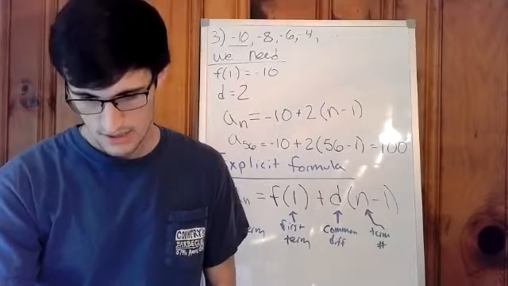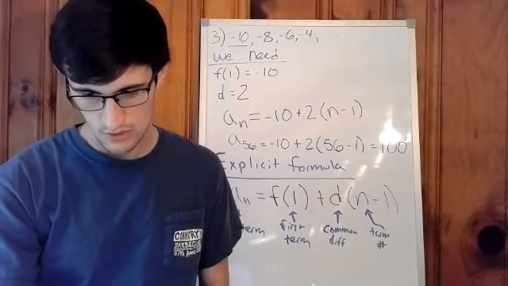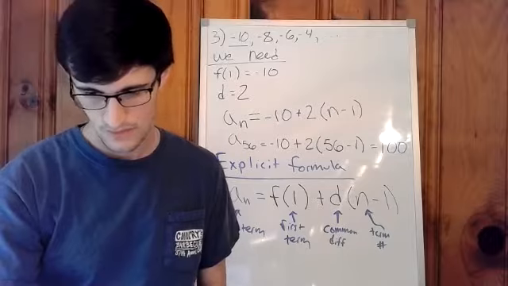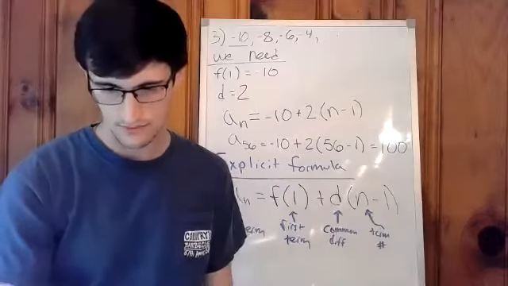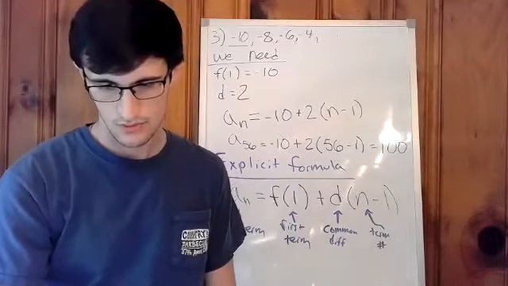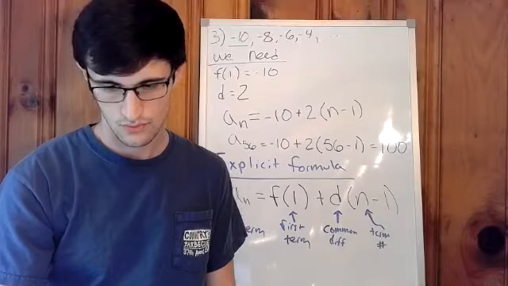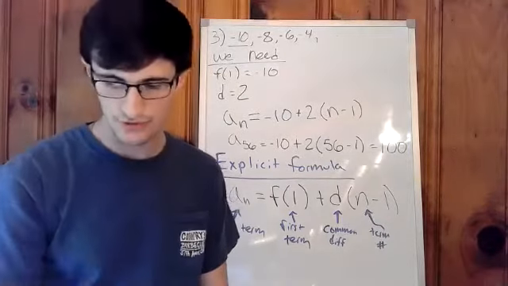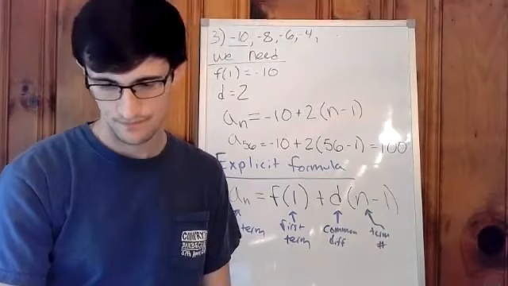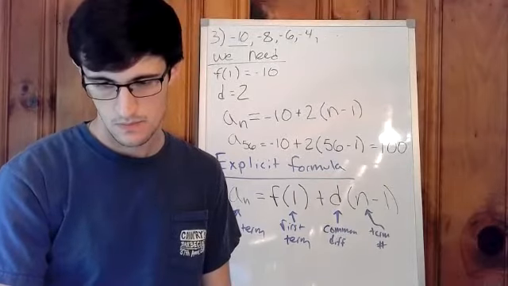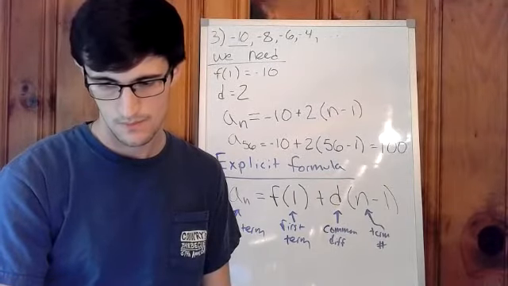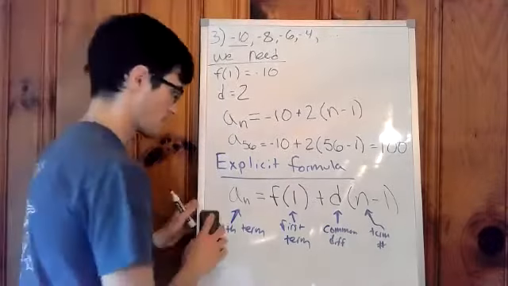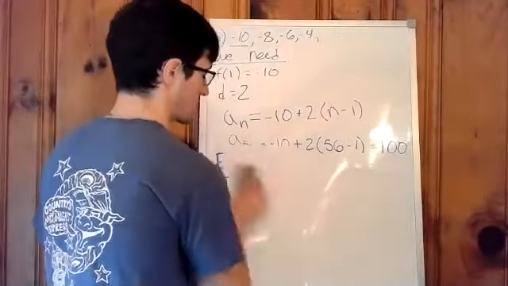Okay, so I'm going to do another one of these. Let me skip down to the next page. Let's scroll down to the next page. And what we'll do here, for each sequence, state whether it is arithmetic, geometric, or neither.